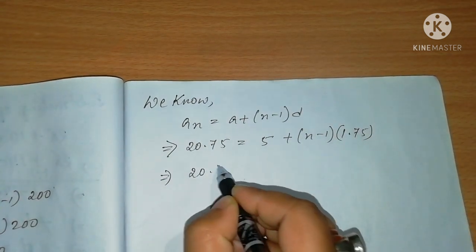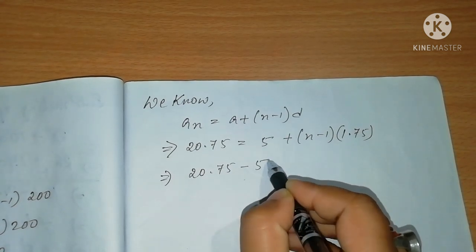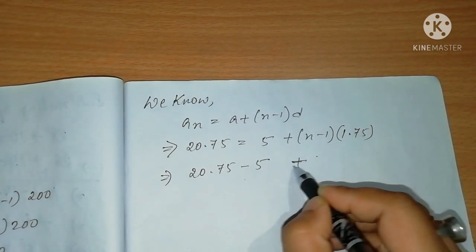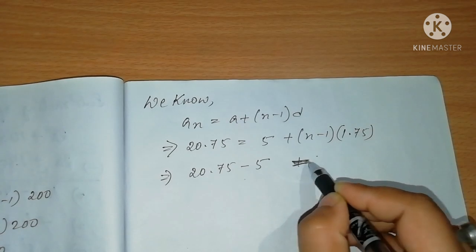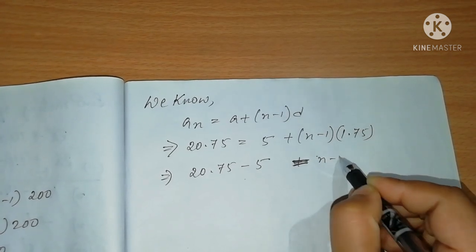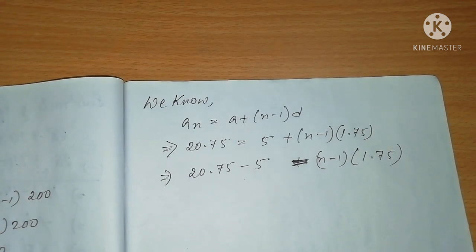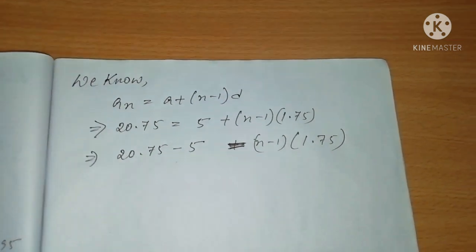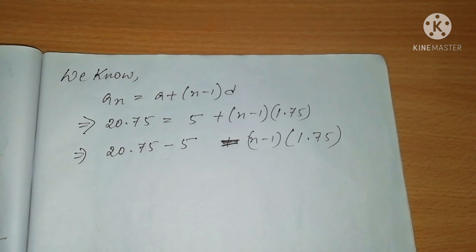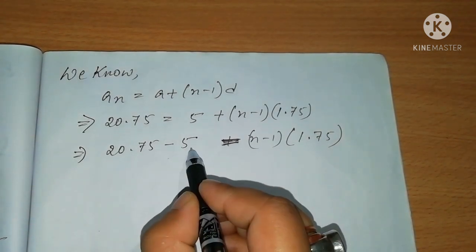So 20.75 minus 5 is equal to N minus 1 times 1.75.